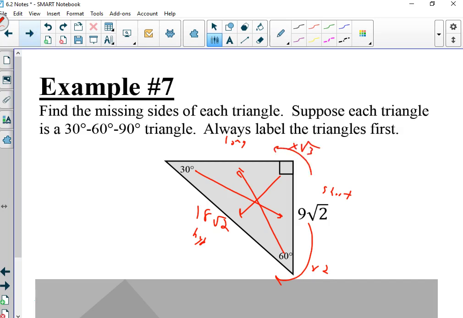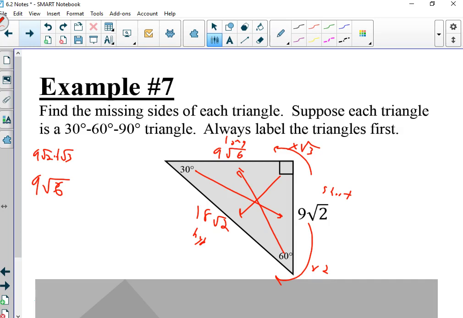So let's go off to the side to do that. 9 radical 2 times radical 3. Remember from algebra, outies with outies. So this is really 1 radical 3. So we do 9 times 1 for our outside numbers. And radical 2 times radical 3 is radical 6, which can't be reduced. So the long leg is 9 radical 6.